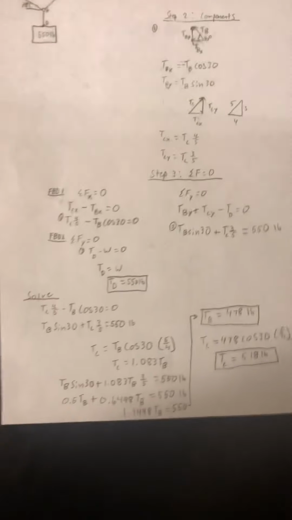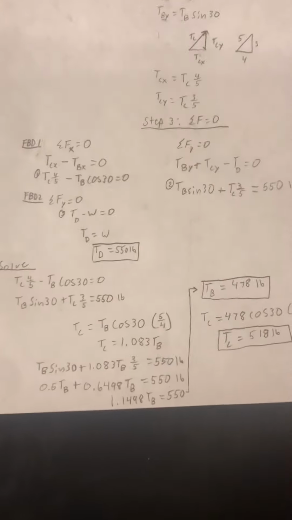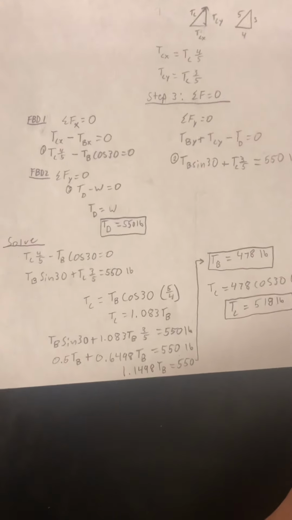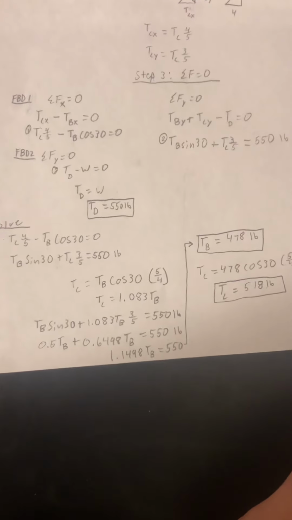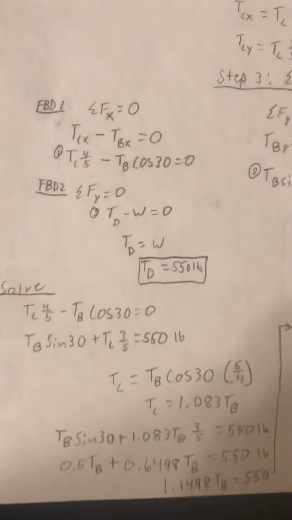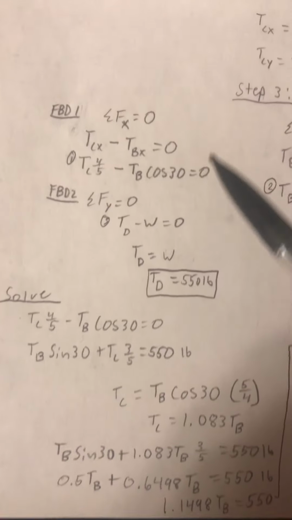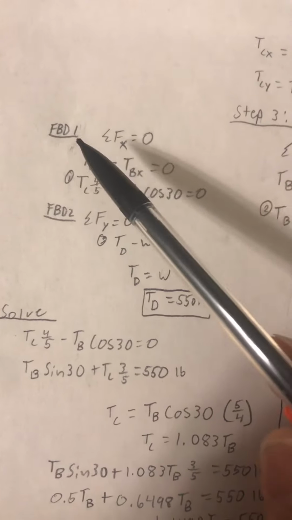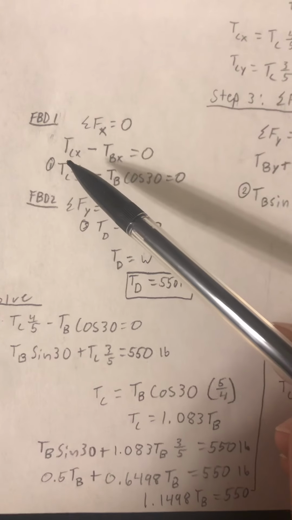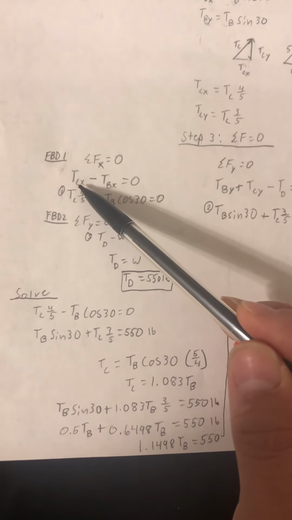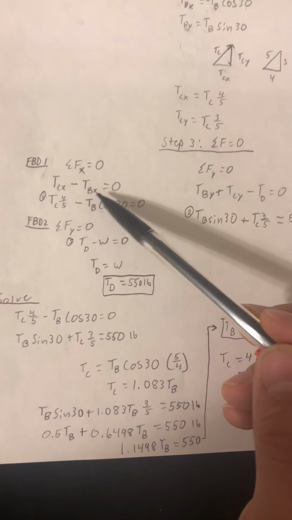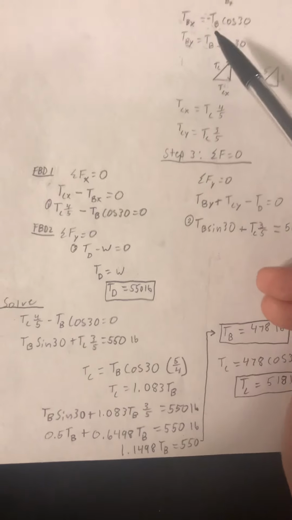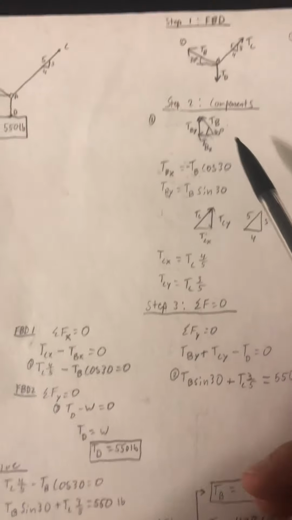The third step is to sum up all of the forces in each direction. I started with the sum of all forces in the X direction for my first free body diagram. So I did TCX minus TBX, and I get these signs from the direction.